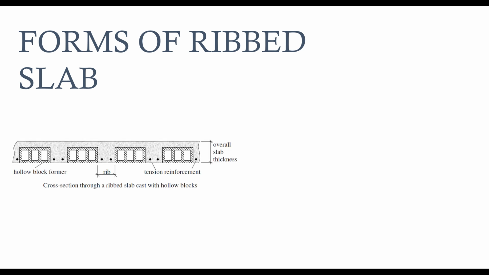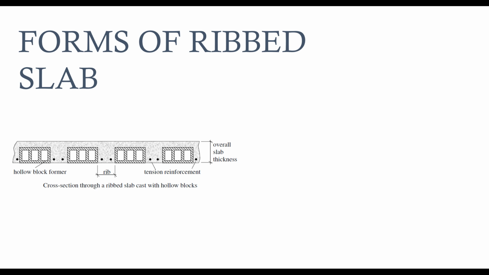Based on my previous explanation, we can understand that we have two forms of ribbed slab. The first one is the ribbed slab with hollow blocks or another material, not necessarily a hollow block, but another material that has a lesser density or costs less compared to concrete.